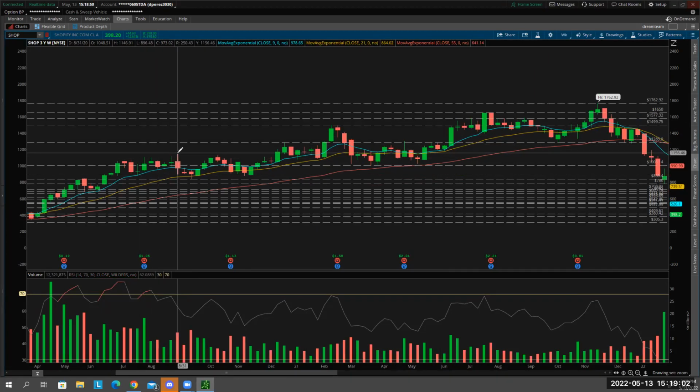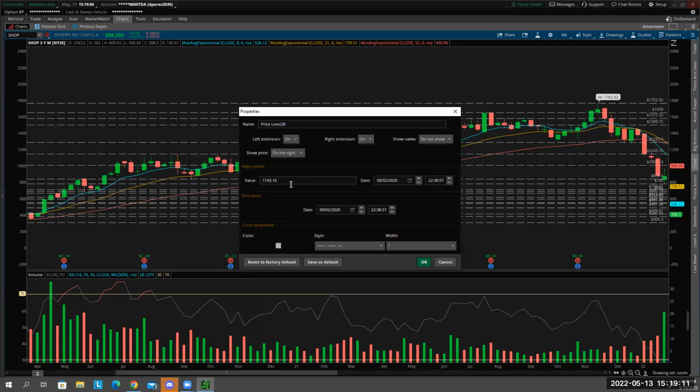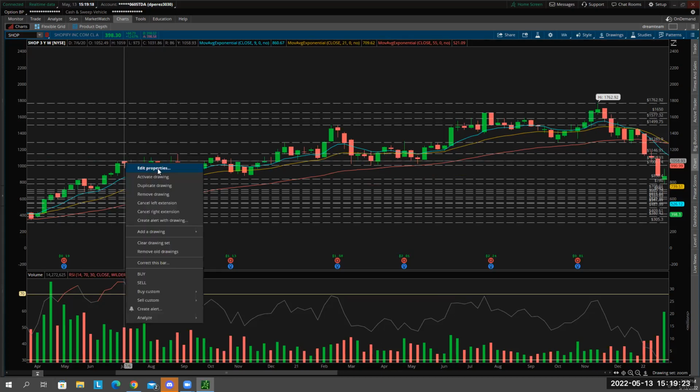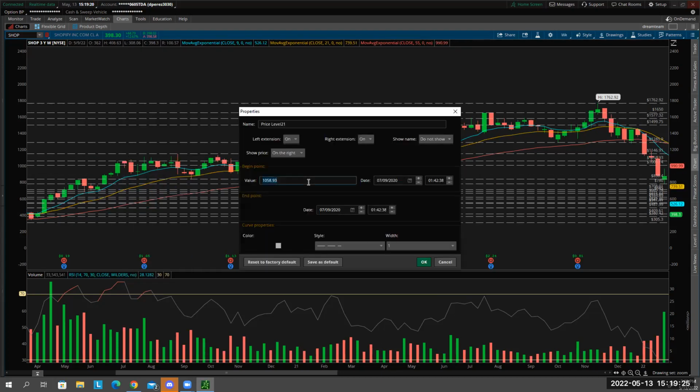Got a clear resistance right here, along with some more resistance along the way. As you can see here, this high was 1146.91. Clear rejections here. I would say the high of this 1059 was clear resistance.